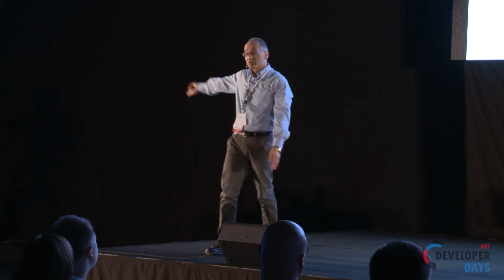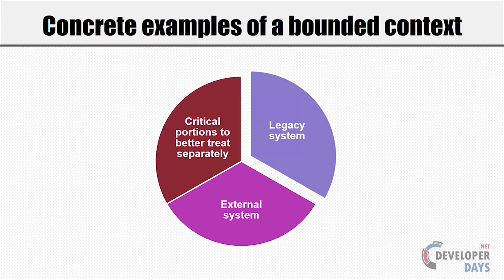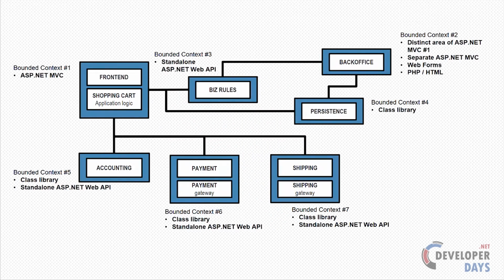Legacy systems, same story. Create a wrapper and that's it. That is another bounded context. Or portions of code that, based on your experience, you better keep separated and distinct from the remaining monolith of your application.